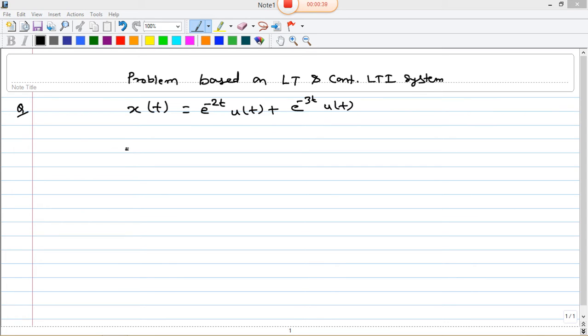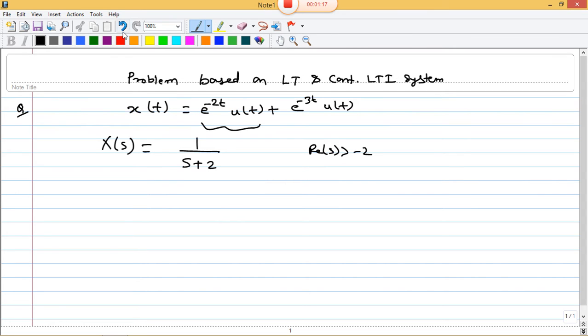So first of all, let's try to solve this question for X(s). What will be the X(s)? For this function e to the power minus 2t u(t), what will be there? 1 by s plus 2. u(t) is there, so s plus 2 should be greater than 0, meaning the real part of s should be greater than minus 2.